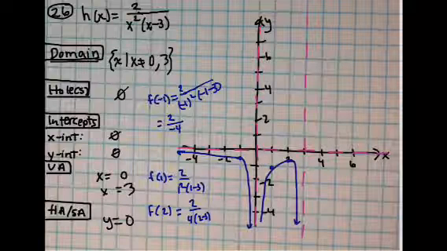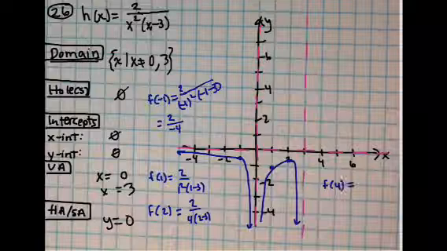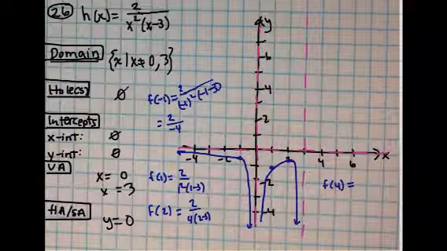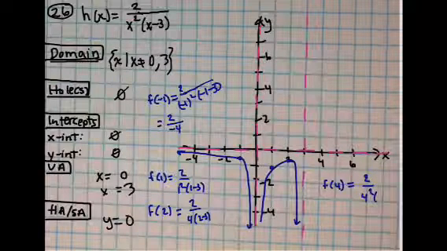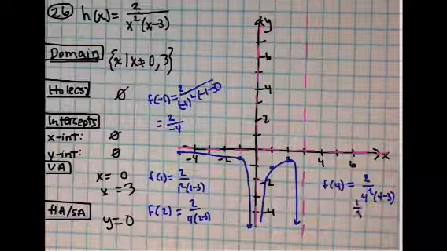And then on the right side, I'm going to pick another number, 4, let's say. So f of 4. If the point is down here, well, it won't get in the way. So f of 4 is 2 over 4 squared times 4 minus 3. That gives you 2 over 16, so it's 1/8.